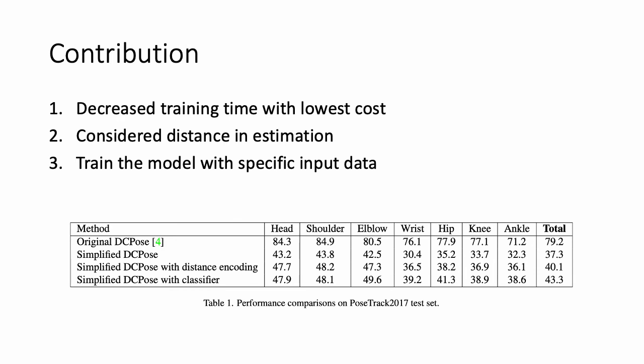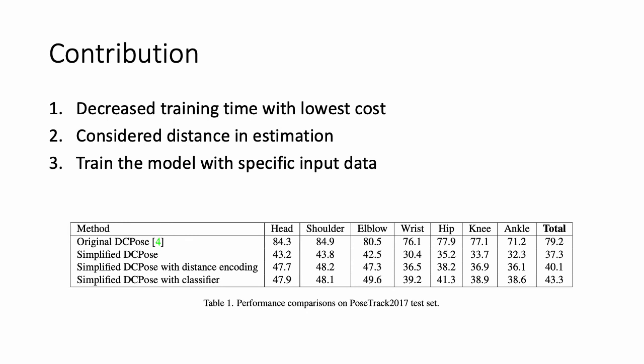So for take-home messages, I think my contribution for this project is I decreased the training time at the lowest cost. By lowest cost, I mean I decreased the dilation rates, because the ablation test in the paper shows that the convolutional networks with different dilation rates actually have little effect on the performance.